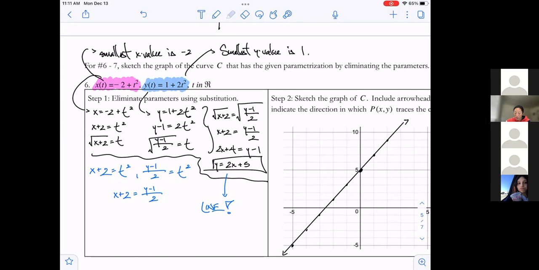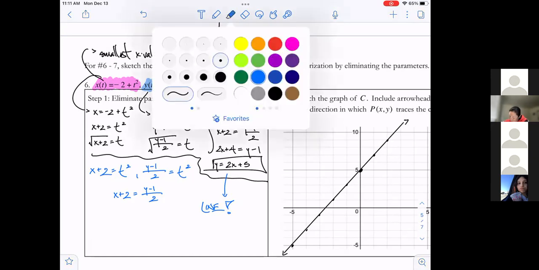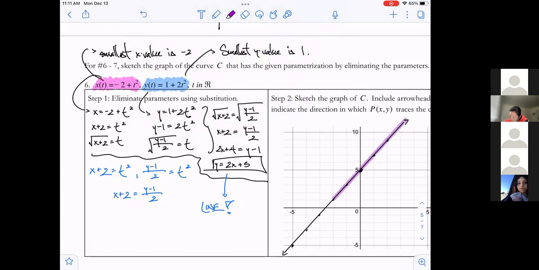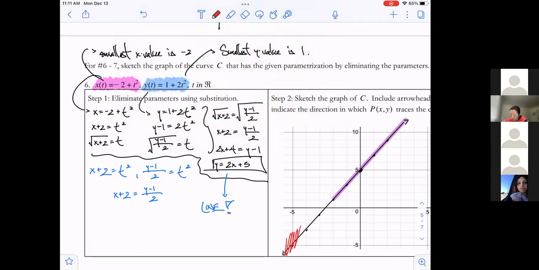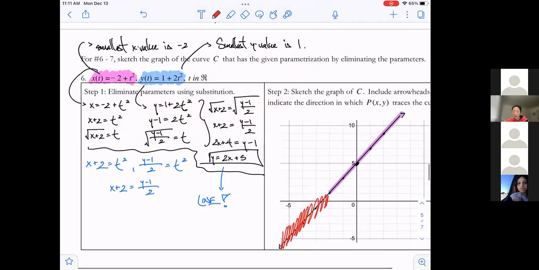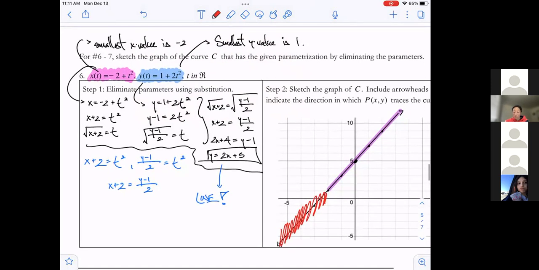So it turns out, my friends, that this curve actually starts here, okay? This is the smallest value. So we would not have this part of our graph. We would only have the purple part.